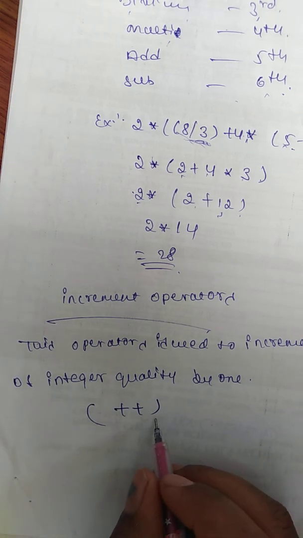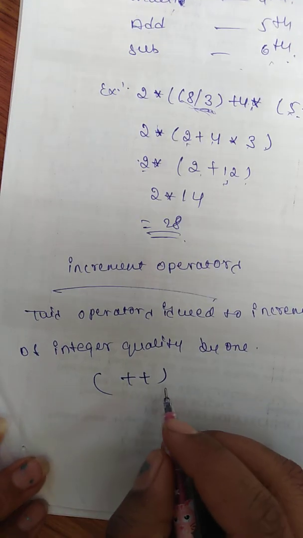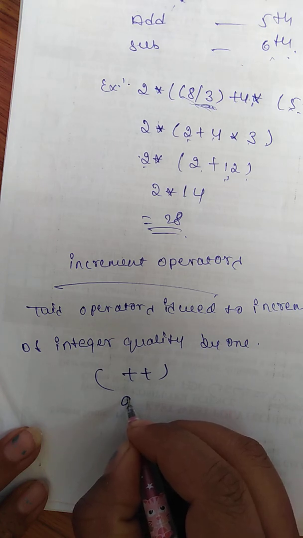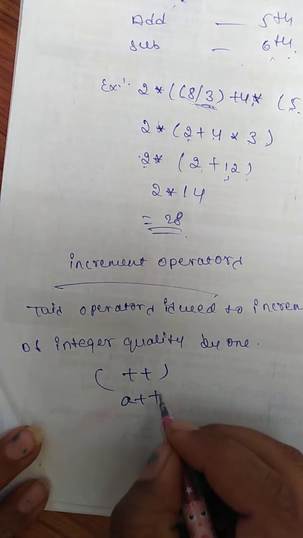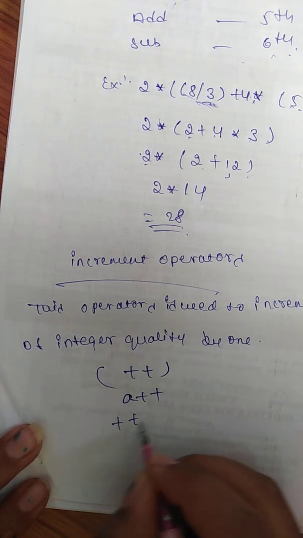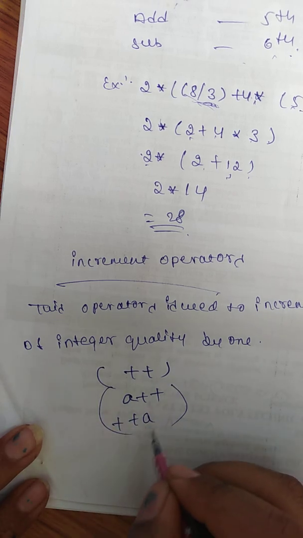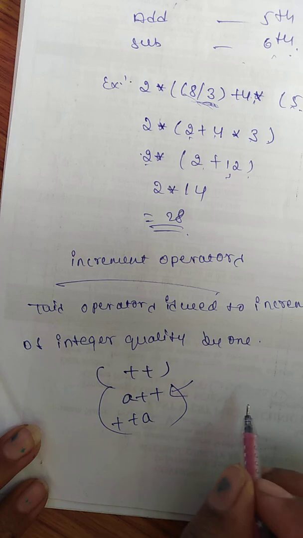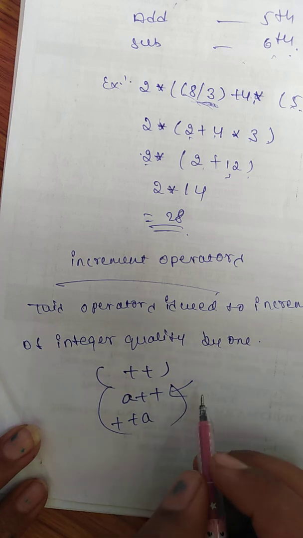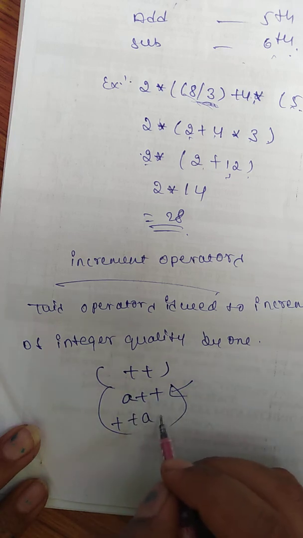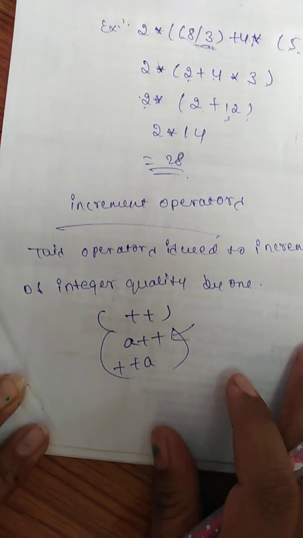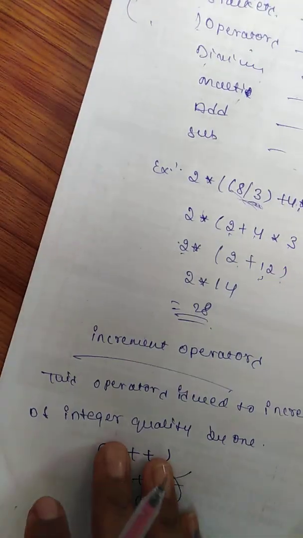The symbol can be placed before or after the integer variable. It means for the integer variable a, we can write a plus plus, otherwise plus plus a. Both are increment operators we can use to increment in code. a plus plus or plus plus a, both are increment operators. I will write one example here.